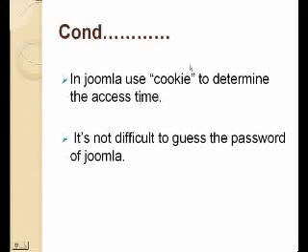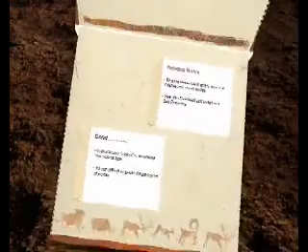Joomla uses a small text file called a cookie, which is stored on your computer, to determine whether a user is logged in or not at any given time. This cookie does not contain a username or password. Cookies only contain a session ID or reference number.